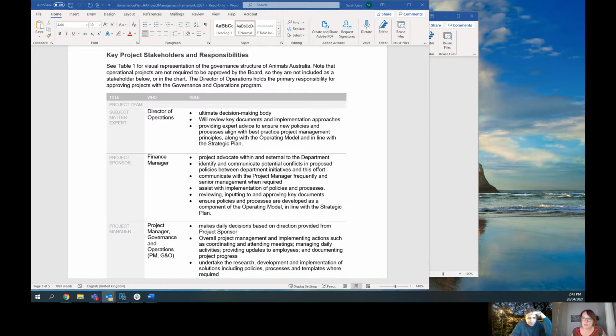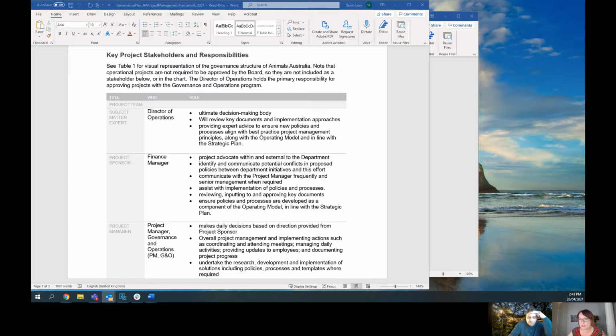Yourself as project sponsor, this includes overseeing the project, reviewing and approving key documents such as the project plan, current state document, assessment approach, and all elements of the framework. To also communicate frequently between us and senior management when required to assist in the implementation of the framework.